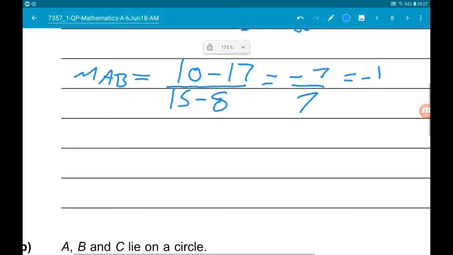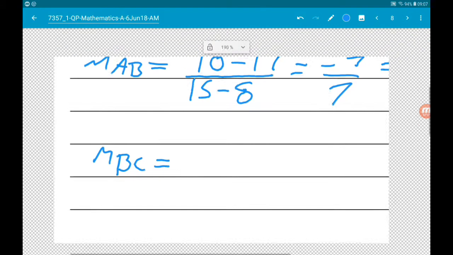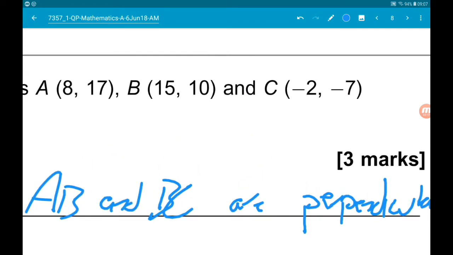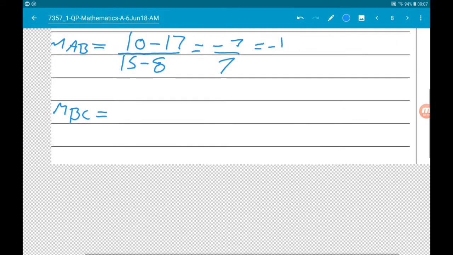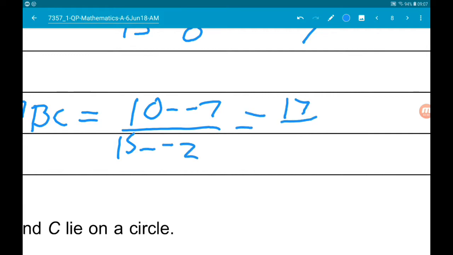Let's do the same for BC. So, gradient of BC is going to be 10 minus -7 over 15 minus -2, which is 17 over 17, which is 1.